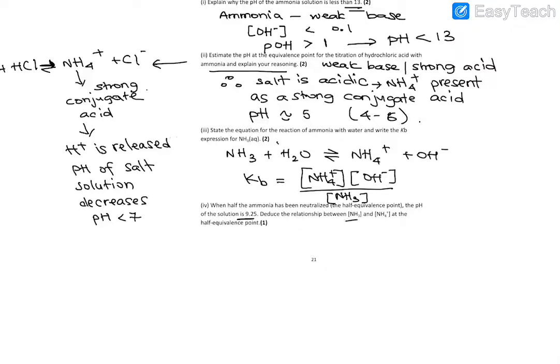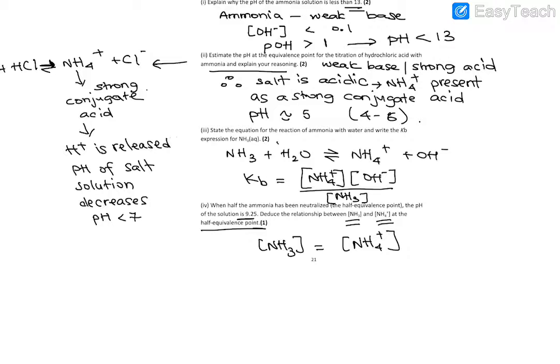Deduce the relationship between concentration of ammonia and ammonium ions at half equivalence point. At this point, half equivalence point, the concentration of the base and the concentration of the salt is going to be the same.